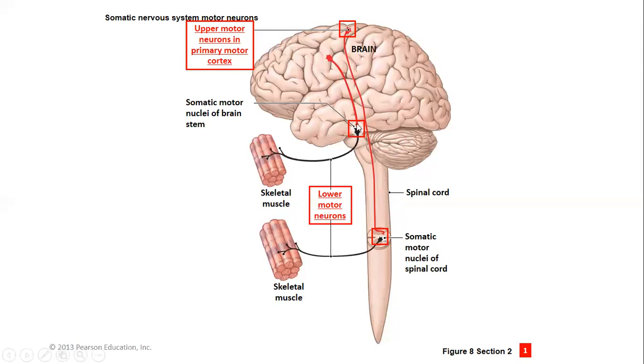For synapses that occur here, the lower motor neurons likely innervate muscles in the head and neck and trunk area. You'll never have a lower motor neuron with its cell body located in the brainstem that would innervate muscle all the way down in your toes. That would be a lower motor neuron that has its cell body somewhere down here, maybe in the lower lumbar region.